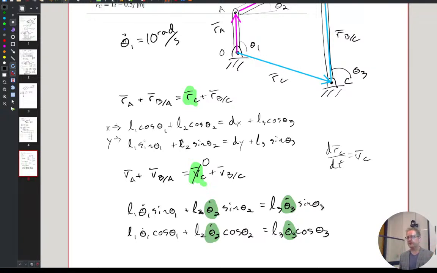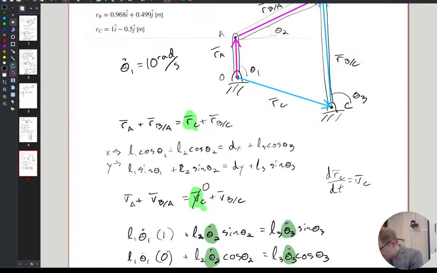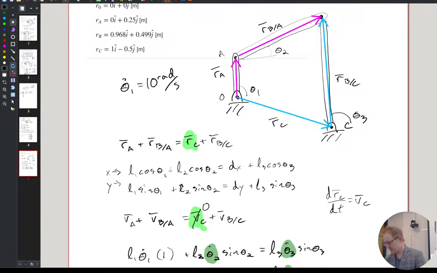So what's sine of 90? 1. All right, so that one becomes 1. That's nice. What's cosine 90? 0. That one's nice. Love when things are 0. And then theta 2, we'll get to that in a second. But what about theta 3?